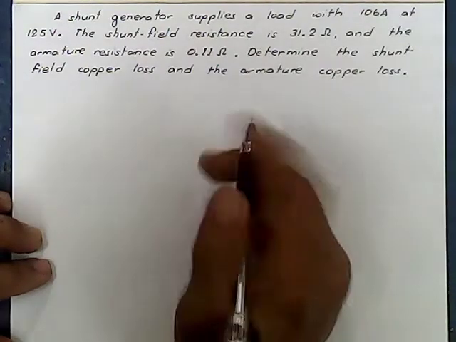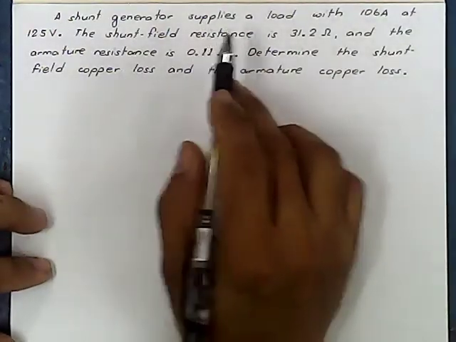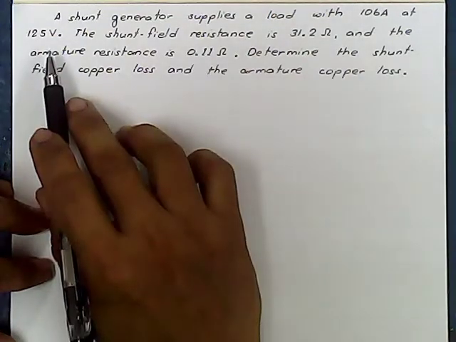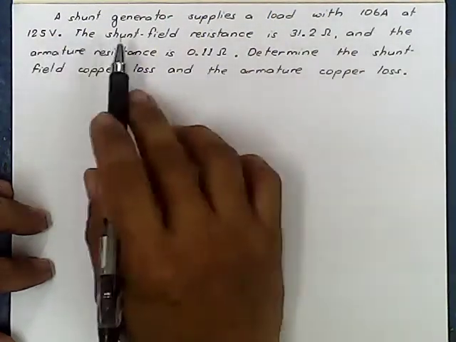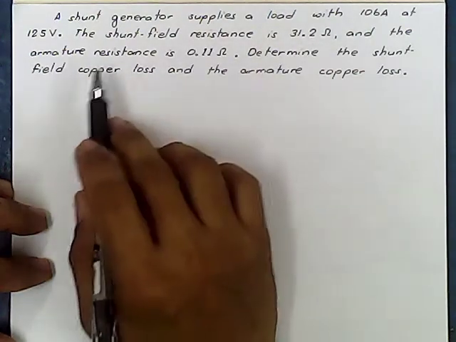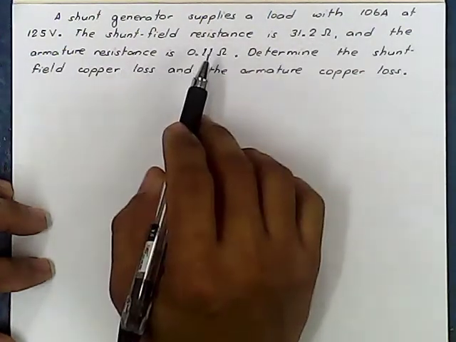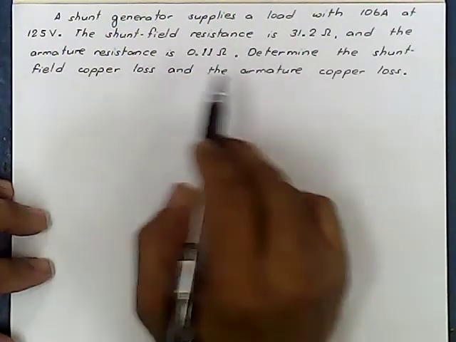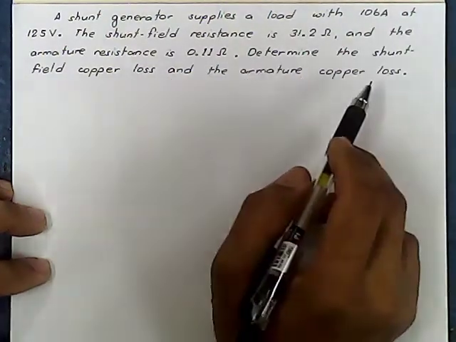Here we have another problem. A shunt generator supplies a load with 106 amperes at 125 volts. The shunt field resistance is 31.2 ohms and the armature resistance is 0.11 ohm. Determine the shunt field copper loss and the armature copper loss.